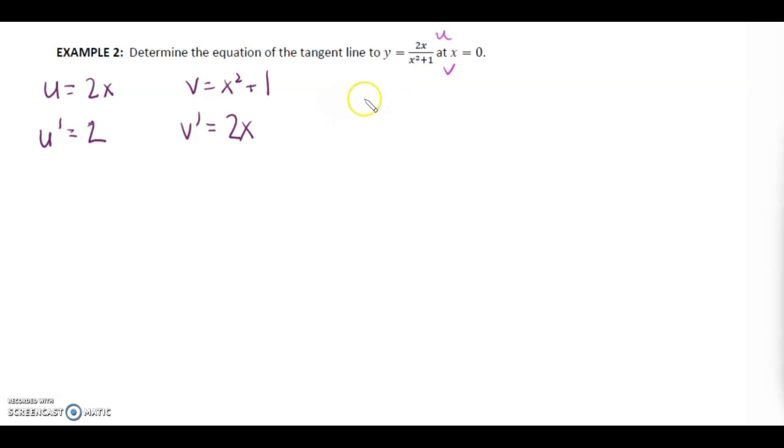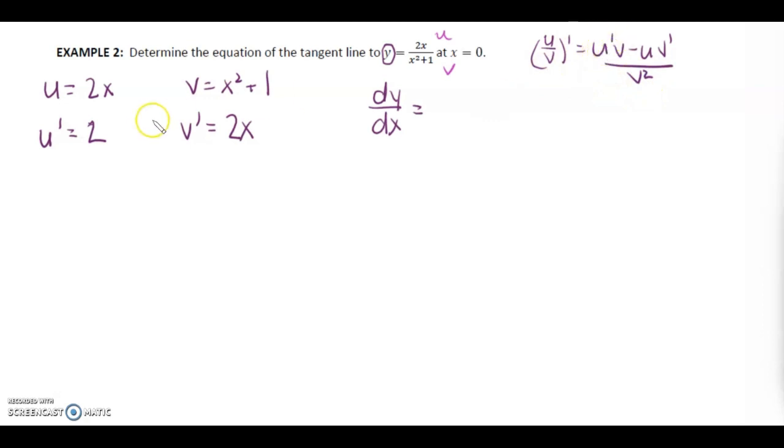Because this is in y equals notation, we have to write this as dy by dx. As a reminder, u over v prime is u prime v minus u v prime over v squared.